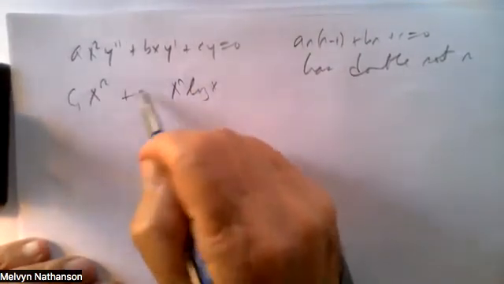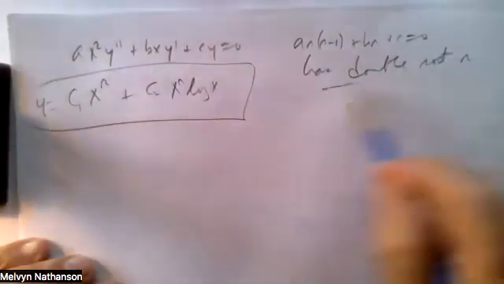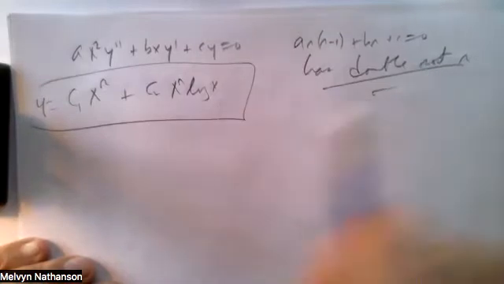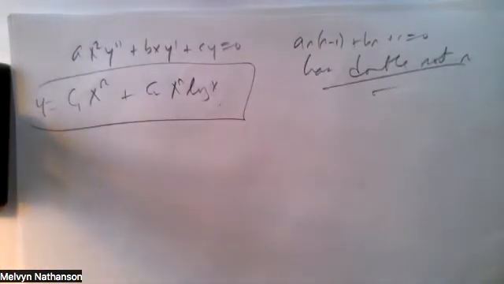So c1 times that plus c2 times that. That's the general solution for a double root.